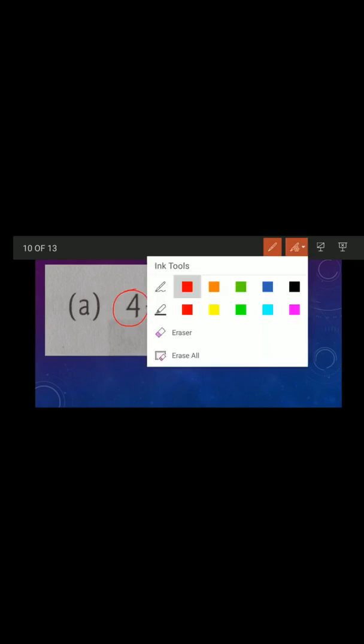Now how to convert a mixed numeral into an improper fraction? This time we will study the conversion of a mixed numeral into an improper fraction. Here we have one example. It is an example of a mixed fraction because it is written as a combination of a whole number and a proper fraction. So how to convert this into an improper fraction?